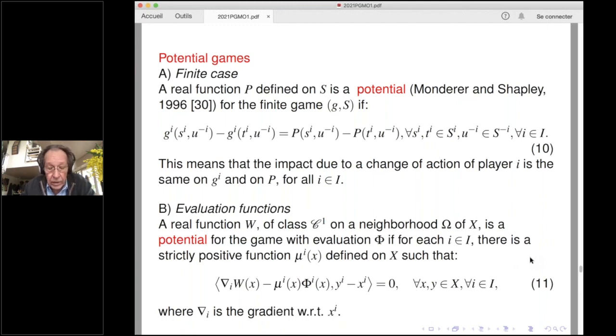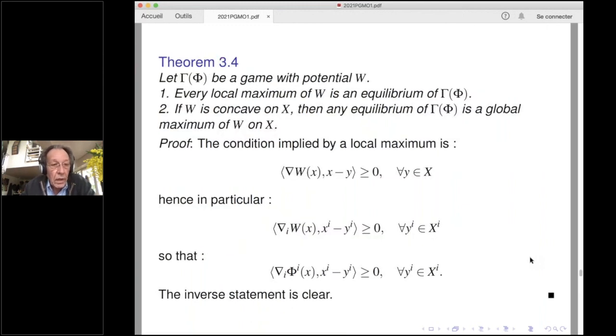And what is the use of this? It's as follows. Take a game Gamma of phi, where phi is the evaluation, the function that appears when you write the equilibria as variational inequalities. Assume this game has a potential. Then every local maximum of the potential is an equilibrium, and if the potential is concave, then any equilibrium of the game is a global maximum.